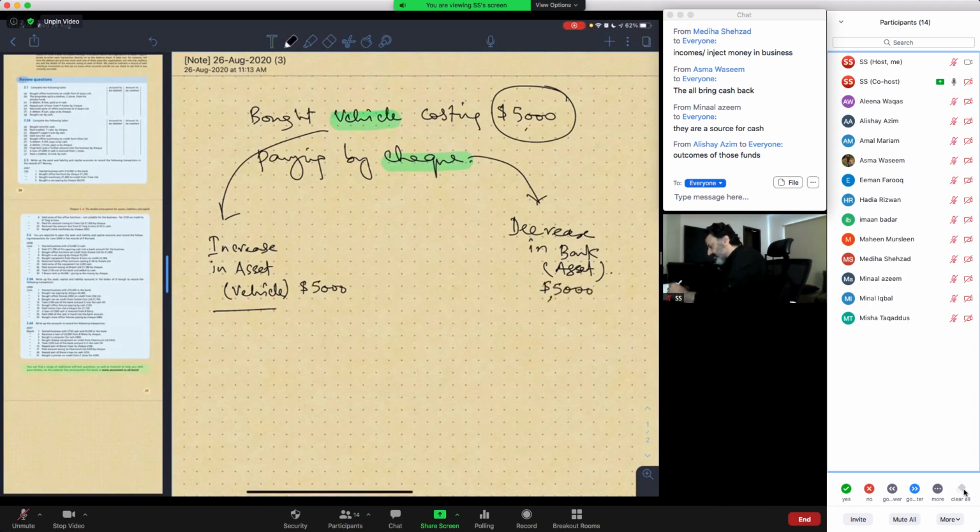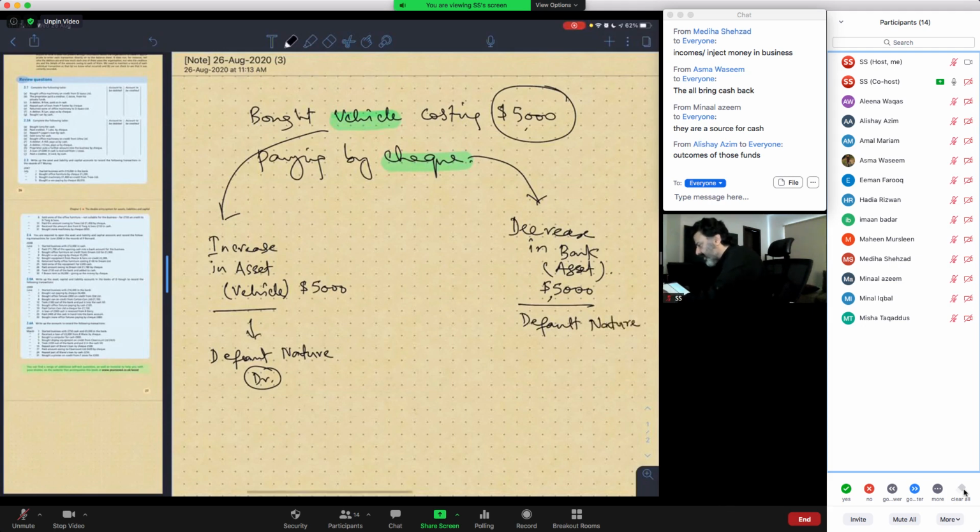Then the next part is, what's their default nature? The default nature is debit because this is an asset. What's the other item involved? What is its default nature? The other item involved is also an asset.